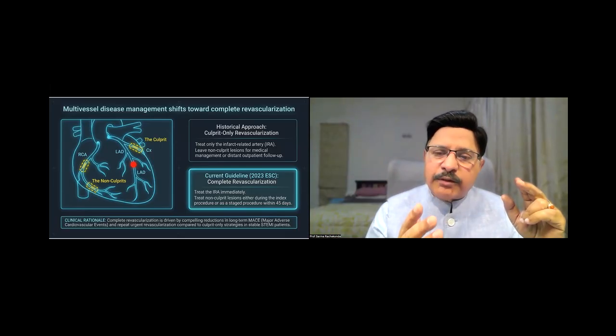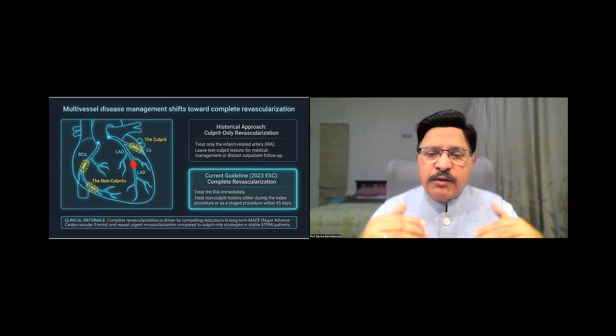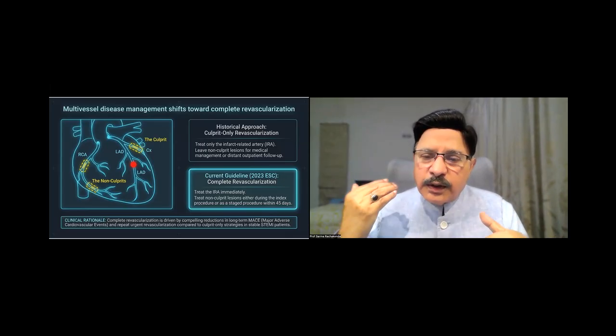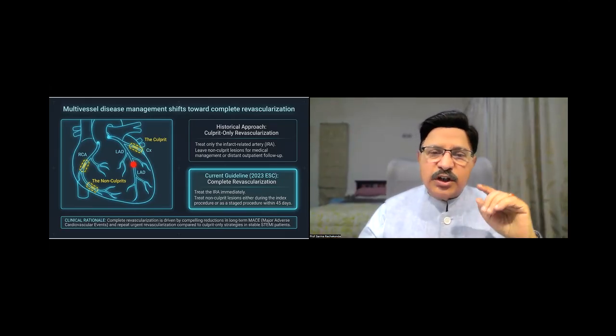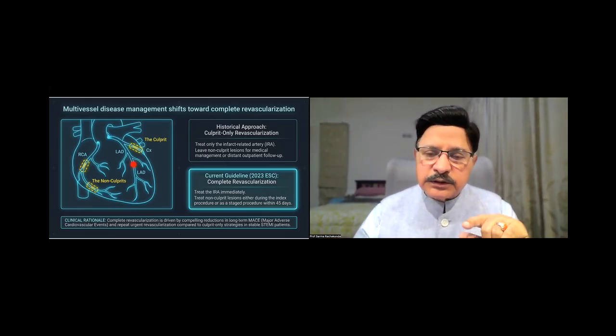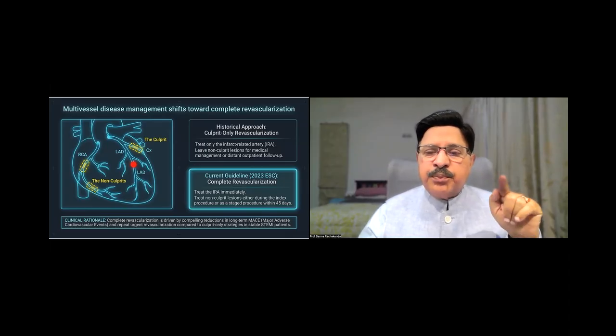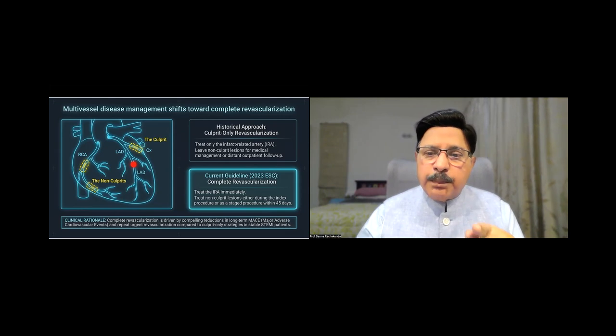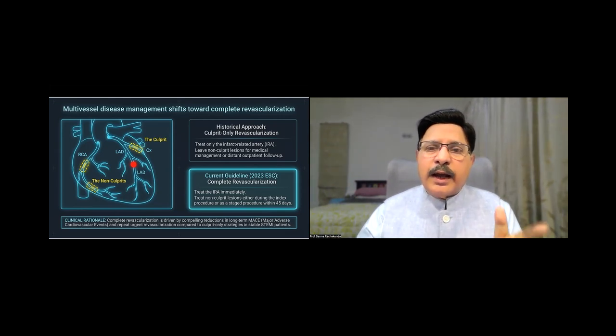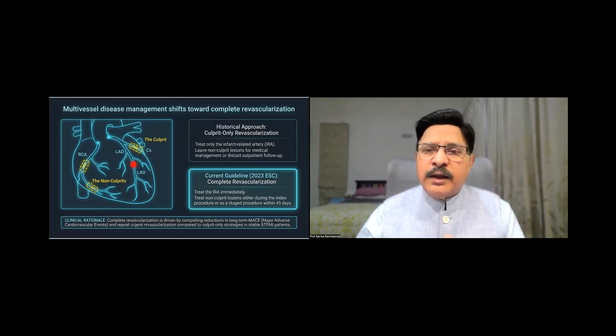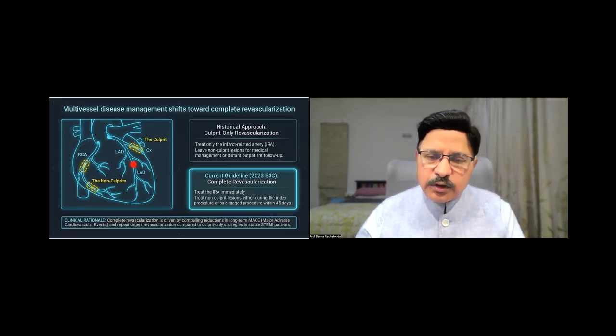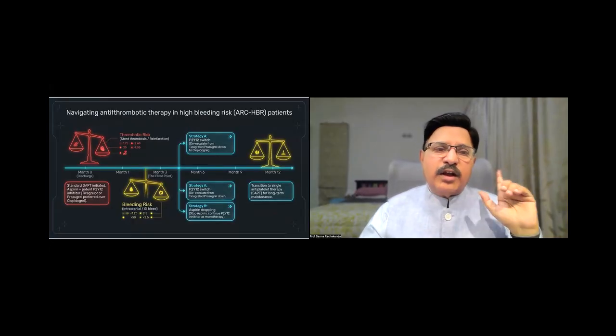You call him back within the next 15 days, 1 month, within 45 days, and treat all the vessels. This is today's teaching. You cannot ignore that because it reduces long-term major adverse coronary outcomes if you follow complete revascularization, as opposed to culprit vessel only, IRA, infarct-related artery revascularization in the previous day.